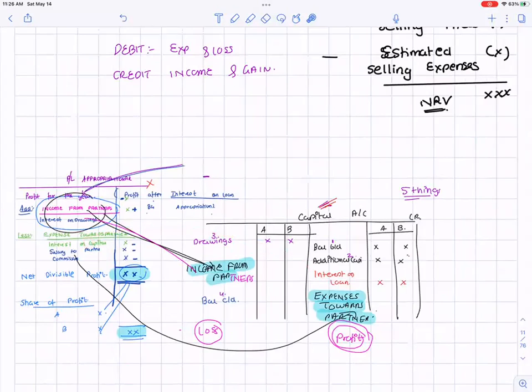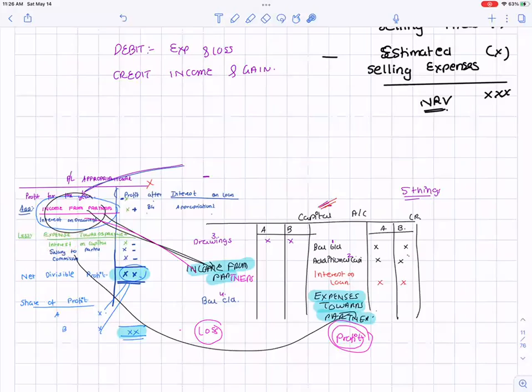Yes. Two effects for salary to partners. The capital account is credited and the appropriation account is debited.